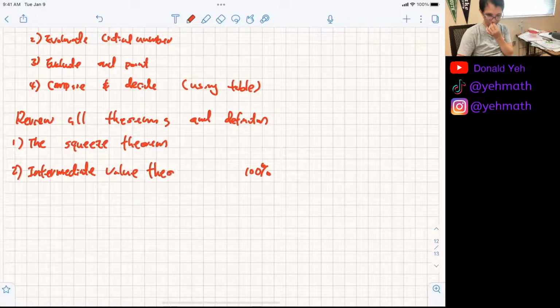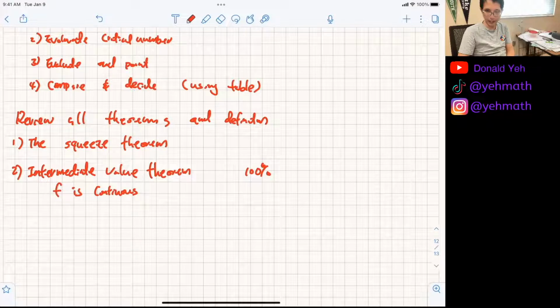Basically, it says f has to be continuous between point a and point b.